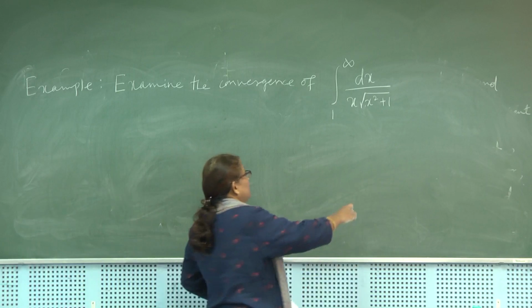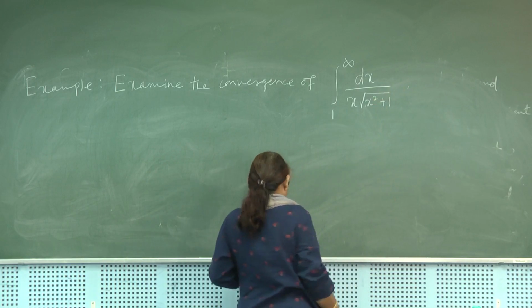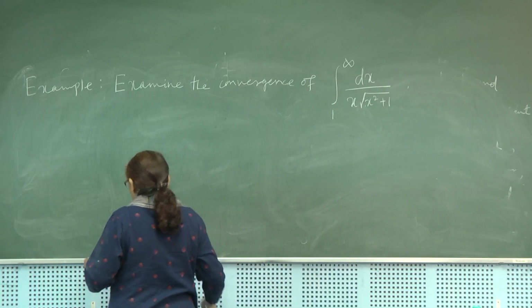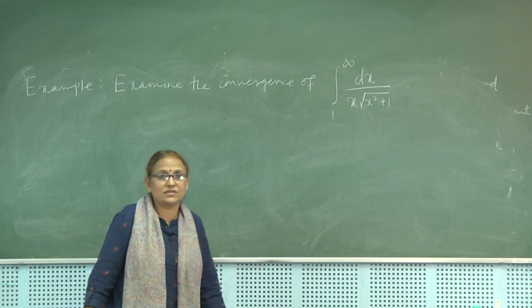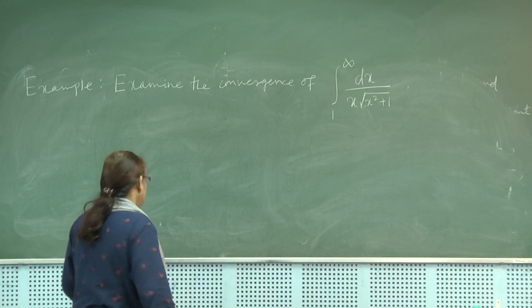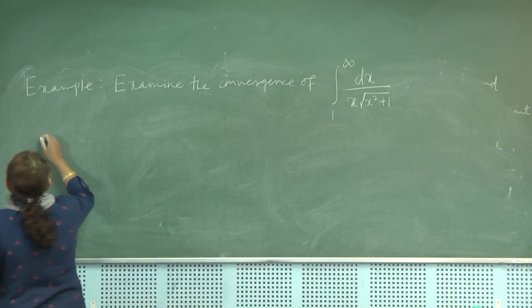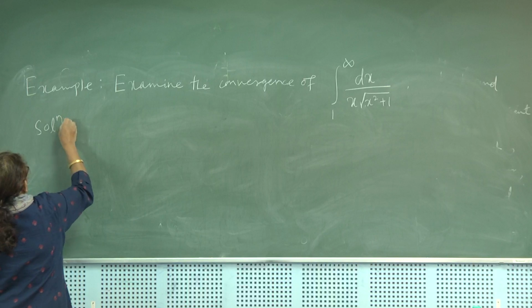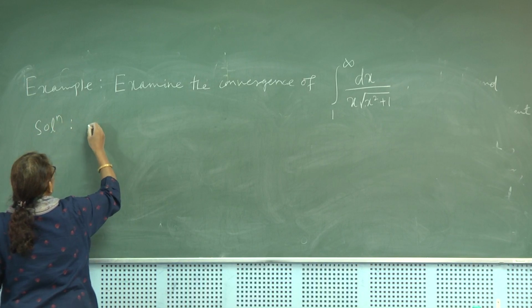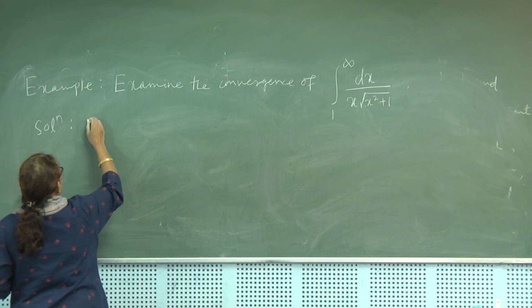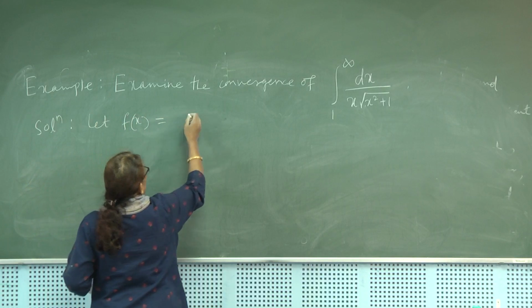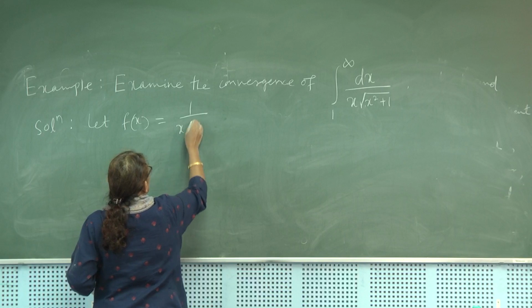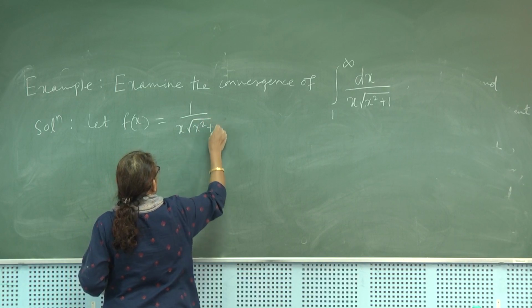For testing the convergence of this improper integral, here basically we shall use the comparison test. So, the integrand here, the function f x is 1 upon x into square root of x square plus 1.